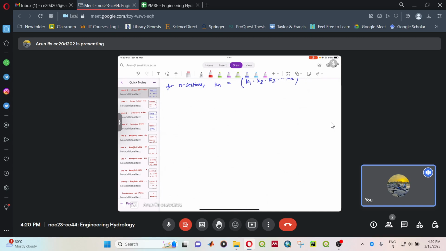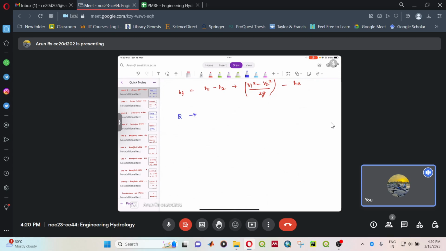Now how to solve this equation? If you see the equation, let me write it once again: h1 minus h2 plus v1 square minus v2 square divided by 2g minus h.